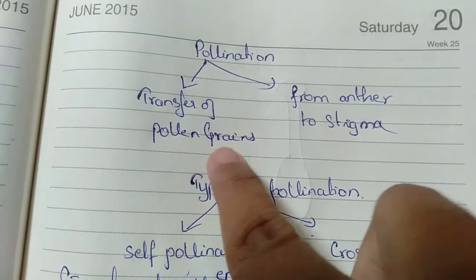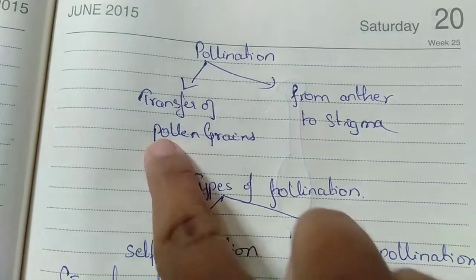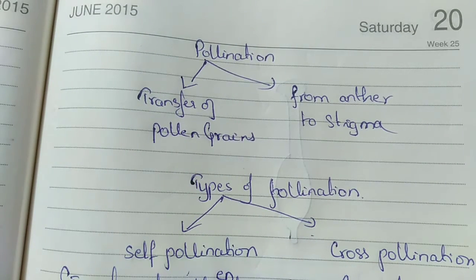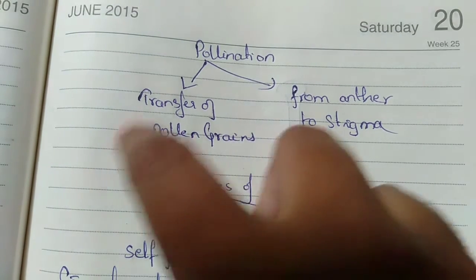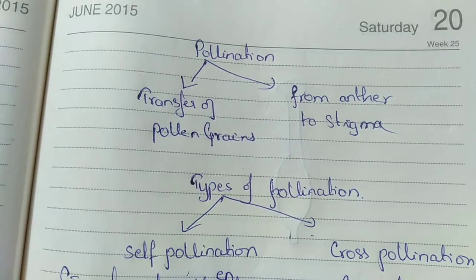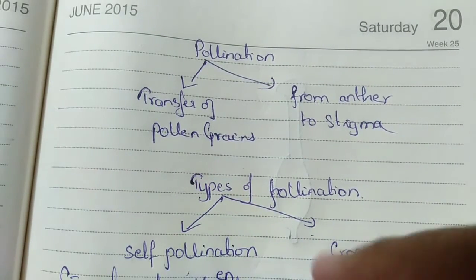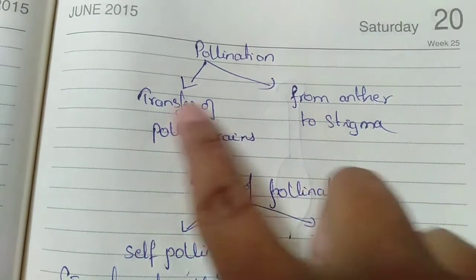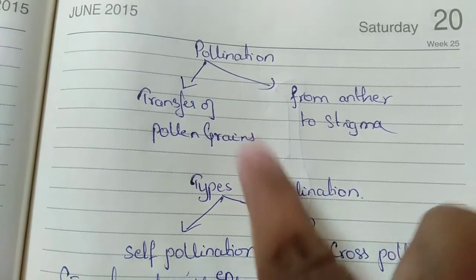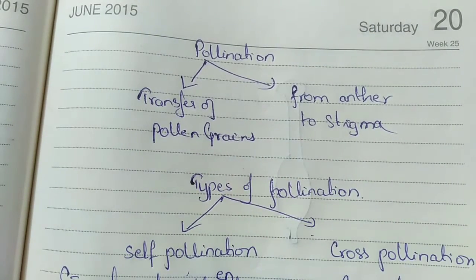Pollen grains are the yellow powder between the flower. The insect will come and pick that yellow powder, the pollen grains, which is a very sweet substance.